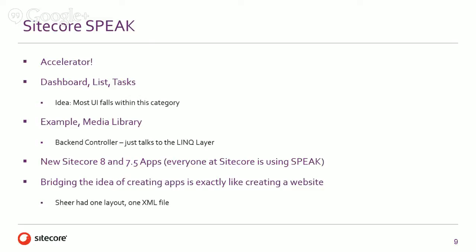In essence, the guys had a media library back end controller, and all that really did was take a query and convert it into a link query. Those guys ended up using the predicate builder. If you've had a bit of experience with the content search, a string would be passed through a JSON call, and they would parse it up and use the predicate builder to build an actual IQueryable.